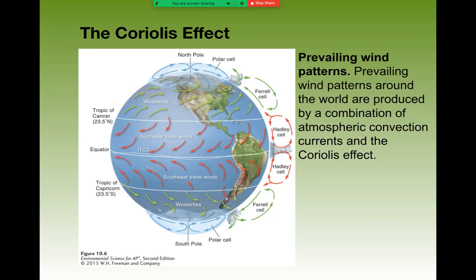Now, at that particular location, what you're going to see then at the ceiling is air moving horizontally north and south. At some point, about 30 degrees, the air is going to fall. Where that air is falling, you have warm air, you have dry air. That is the location then of the largest deserts on our planet.